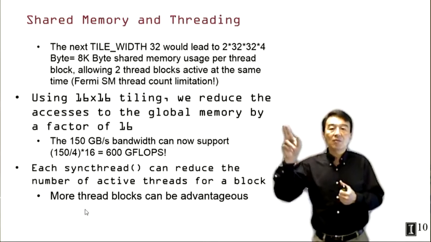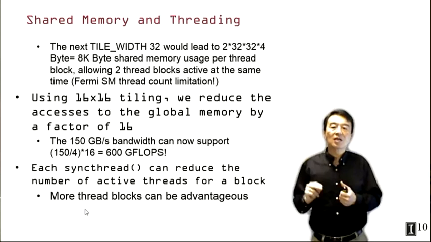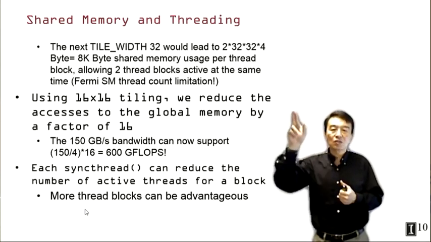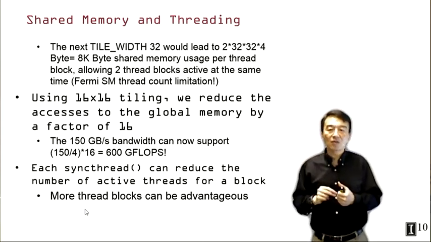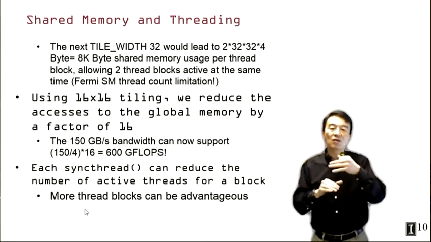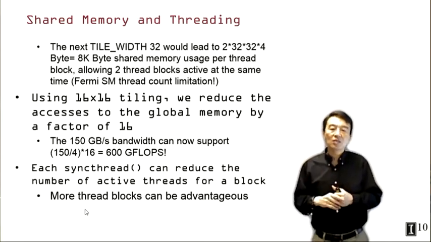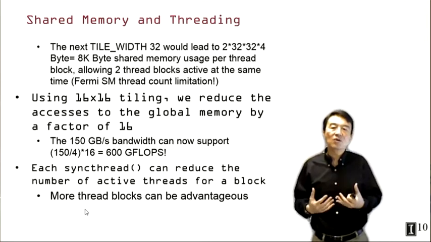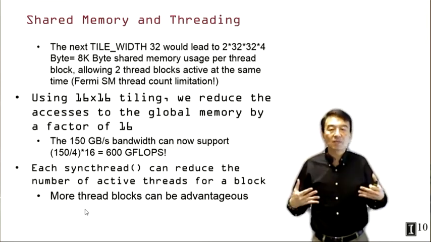So we actually will have exceeded the thread limit if we use 2 of those thread blocks for the 32 by 32 tile configuration, because we will have 1,024 threads in each thread block, and having 2 of them will exceed the 1,536 limit. So this is a good example of the interactions of resource limits.